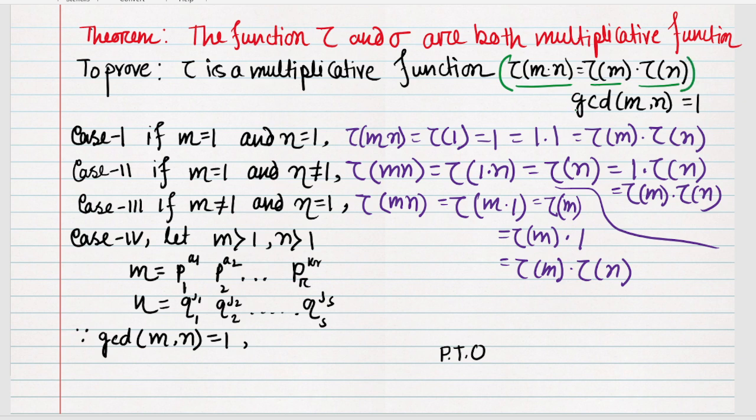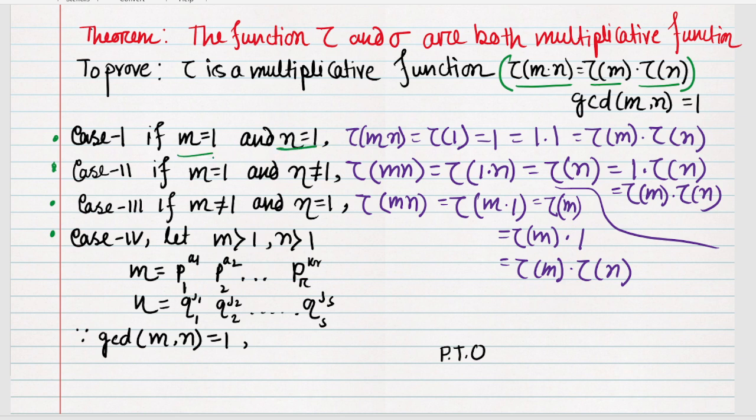There is another condition: tau of mn equals tau of m times tau of n when the GCD of m and n equals 1, that is, m and n are co-prime. So we have to proceed by various cases. Initially there are 4 cases. In case 1 we took m equals 1 and n equals 1.